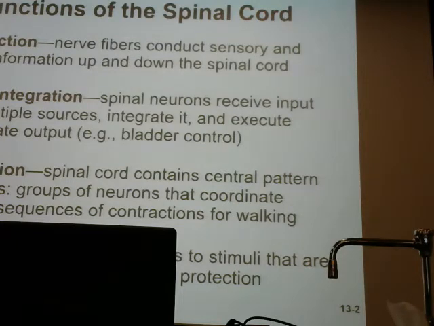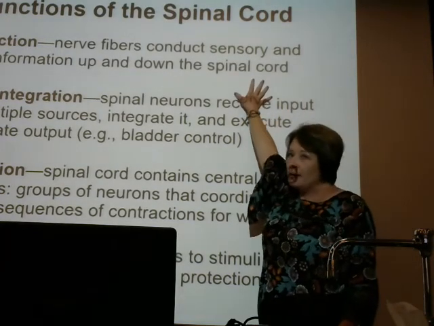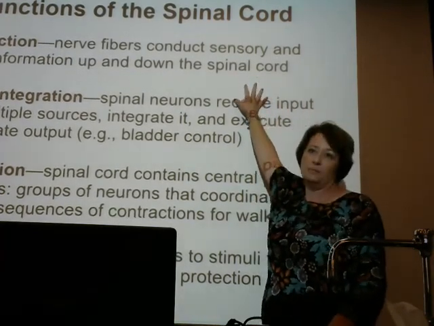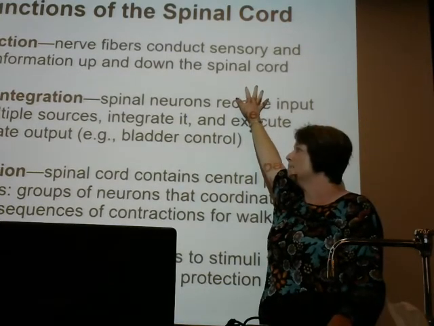I need to make sure that this is going to happen. Fibers of this system are going to allow that to happen.